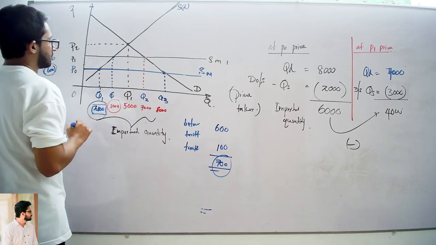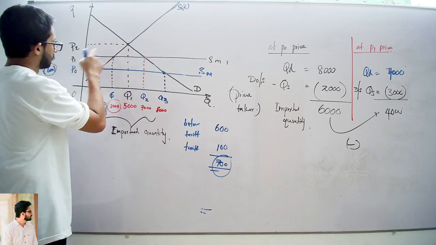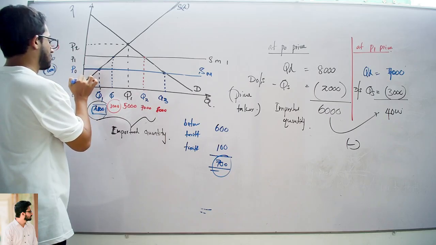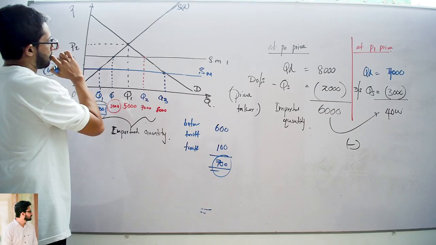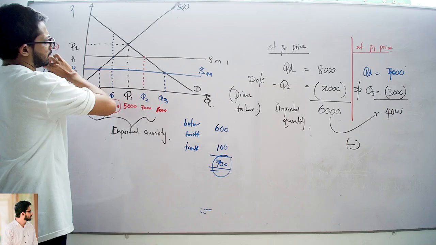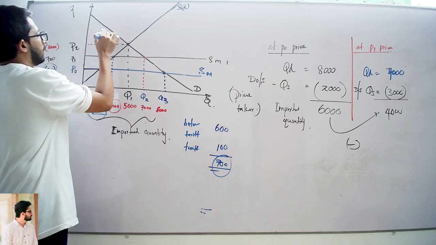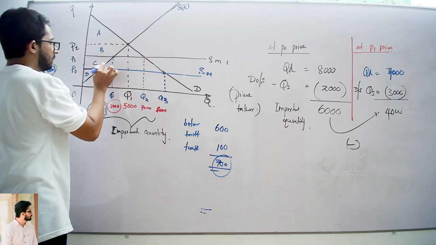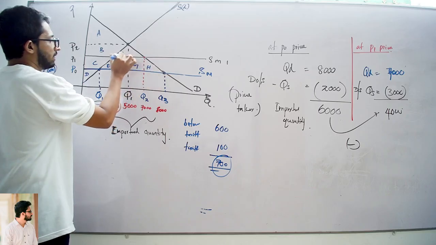Then I'll put some letters: A, B, C, D, E, F, G, H, I, J.